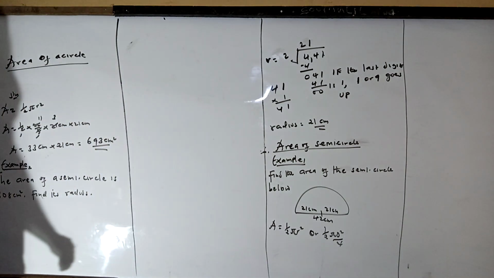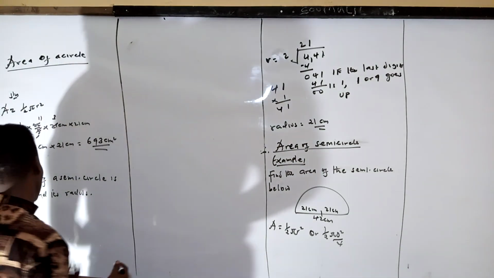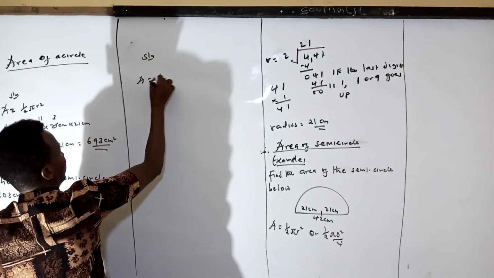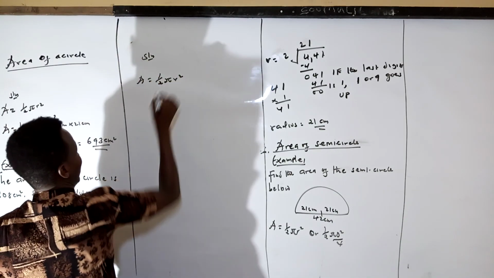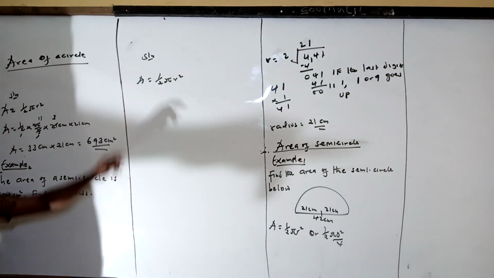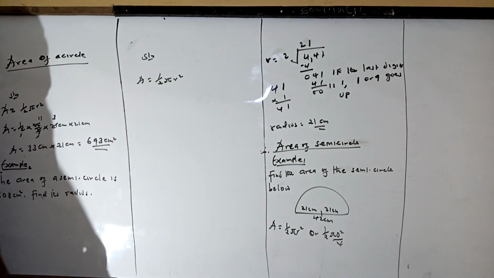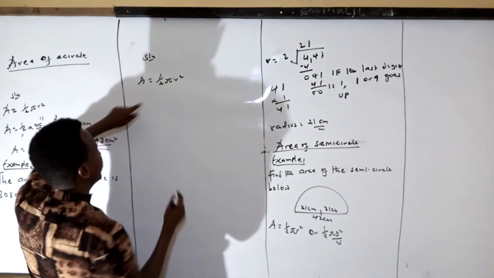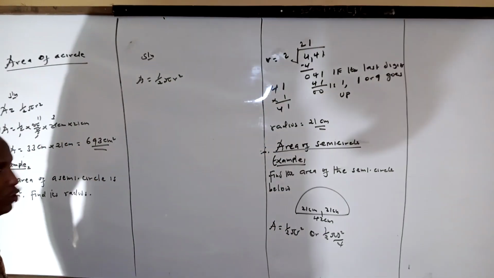Now coming to the solution part. We know that area A is equal to a half by πr squared. This time we want to get the radius. We will multiply both sides by 2 to eliminate this 2, which is the denominator.